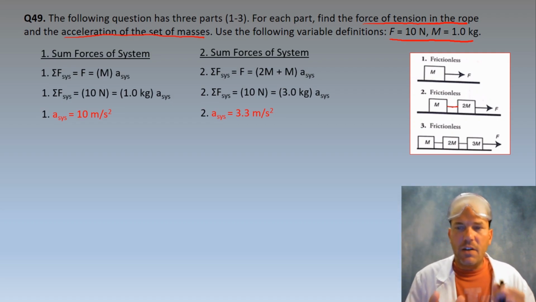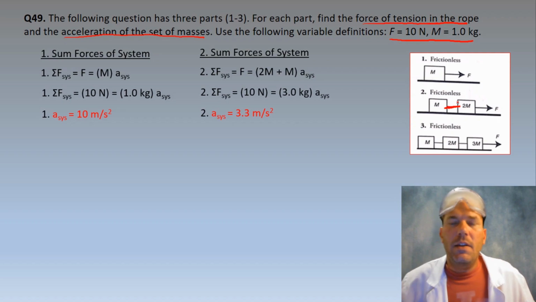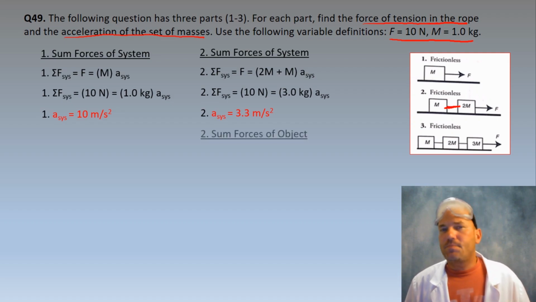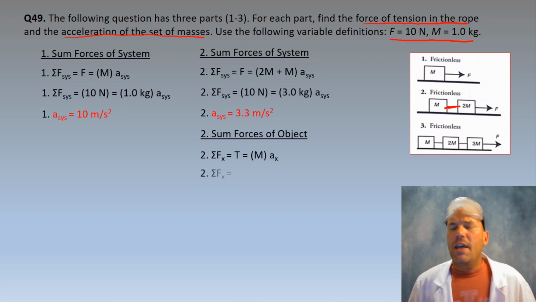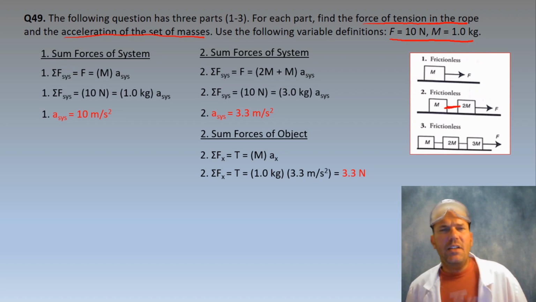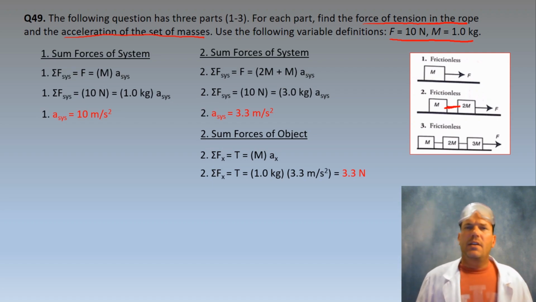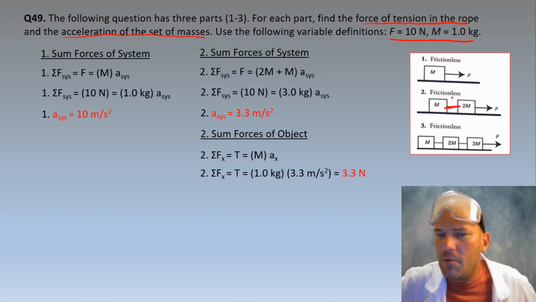Now we can go ahead and use an object. So let's consider an object. We want to know the force of tension here. Okay, so if we were to do that, we would look at the forces on this one object, and the tension force is the force acting to the right. You need to just look at what's happening right here. Okay, this is the force of tension.